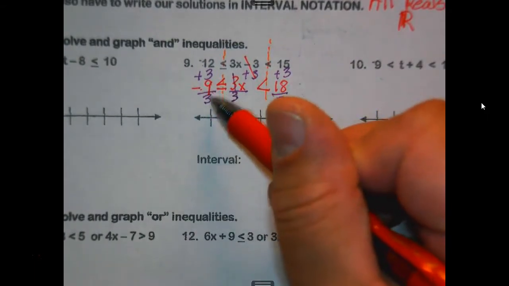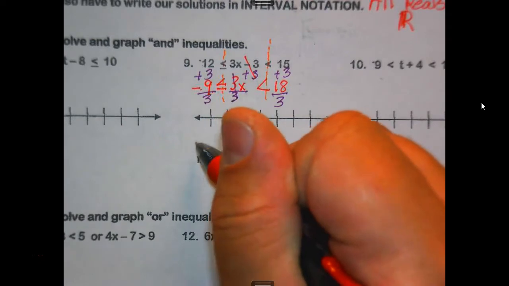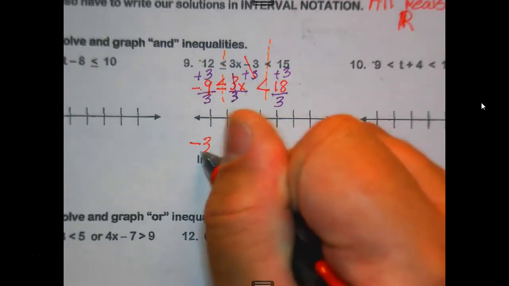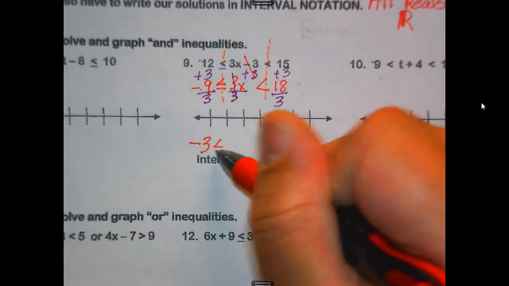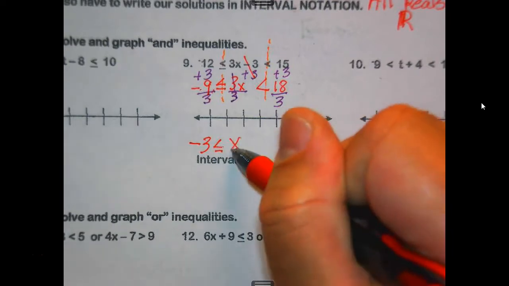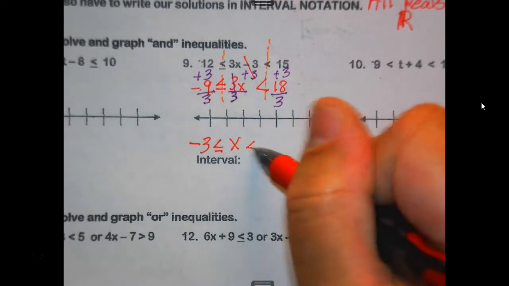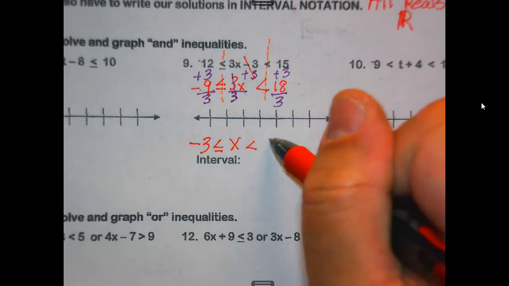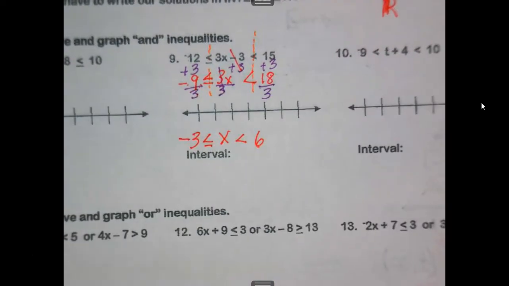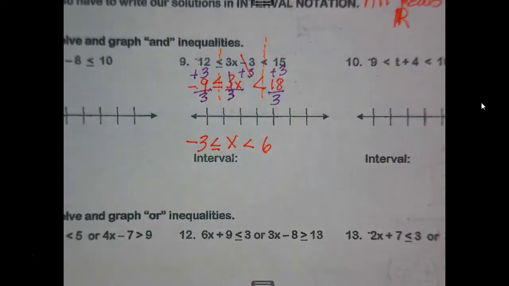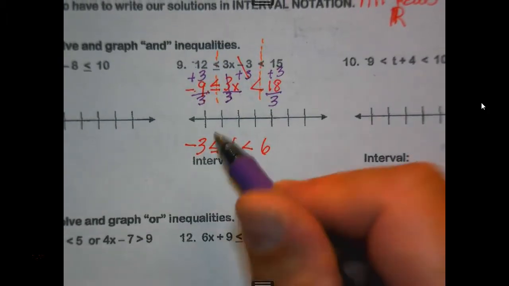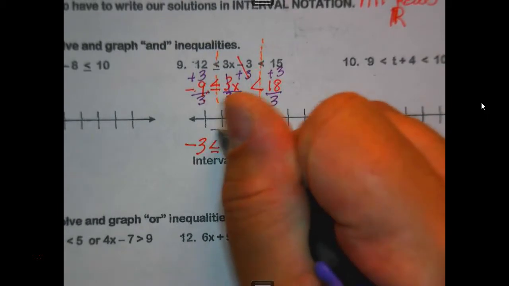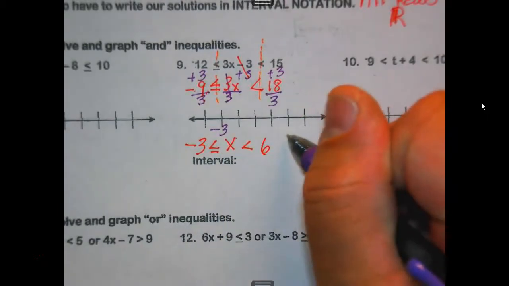Negative 9 divided by 3 is negative 3. x, I'm dividing by a positive number, so the sign stays the same. My x stays the same. 18 divided by 3 is 6. Okay. Let's put our negative 3 in there and our 6.